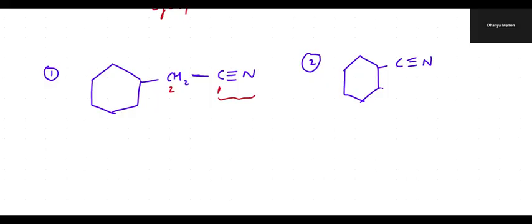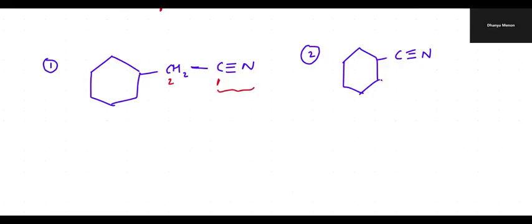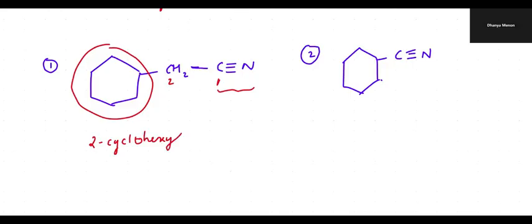At the second position, I have a cyclic substituent, so 2-cyclohexyl. In the main chain, there are 2 carbon atoms, so ethane-1-nitrile or ethane-nitrile, it's up to you. Here the carbon of the functional group is not directly connected to the ring, so we name it this way.